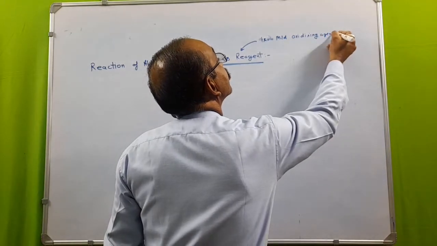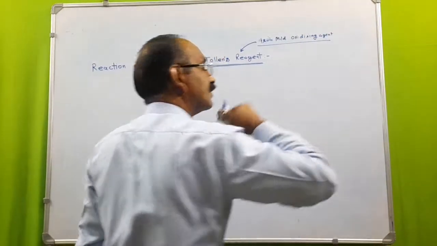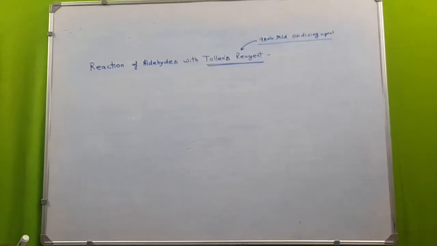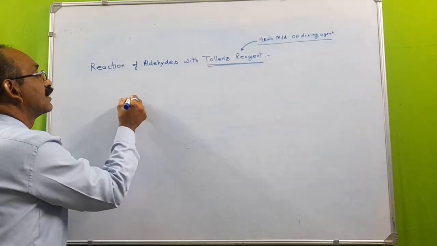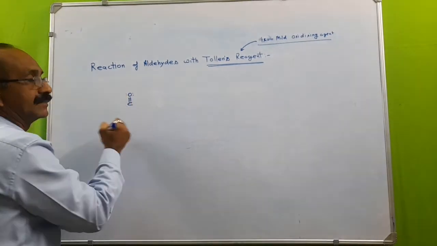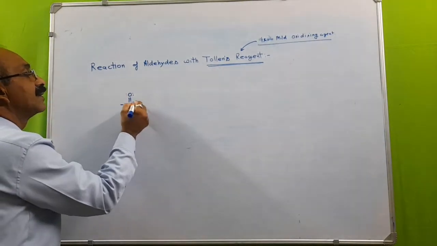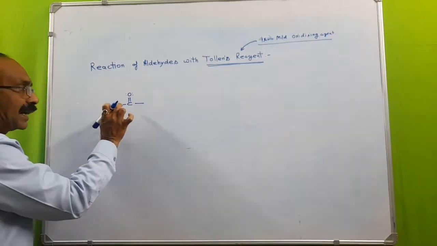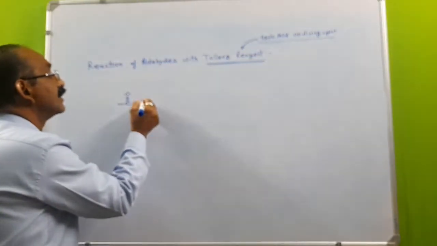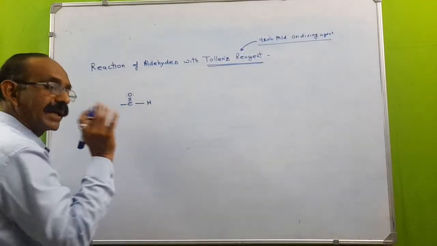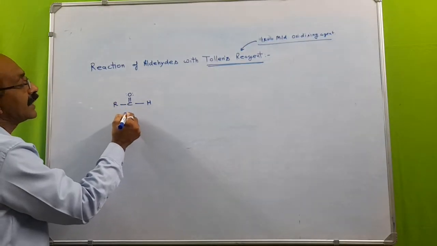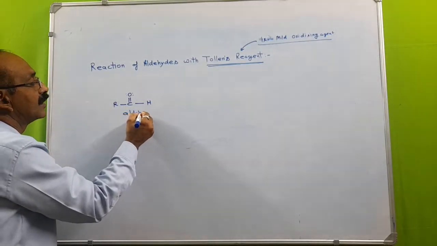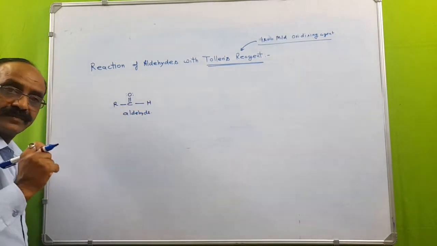We know better. See, here it is a carbonyl carbon, and if at the carbonyl carbon there is at least one hydrogen here, then this group is called aldehyde.